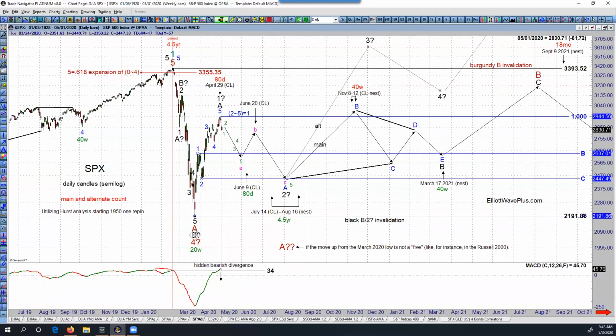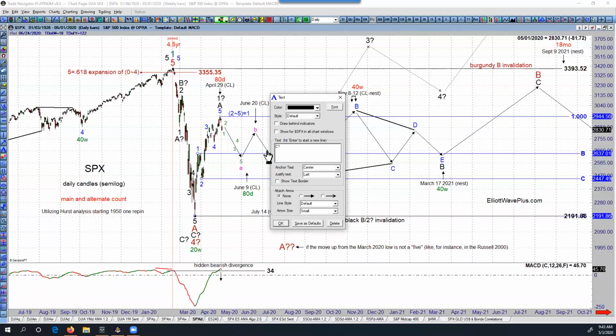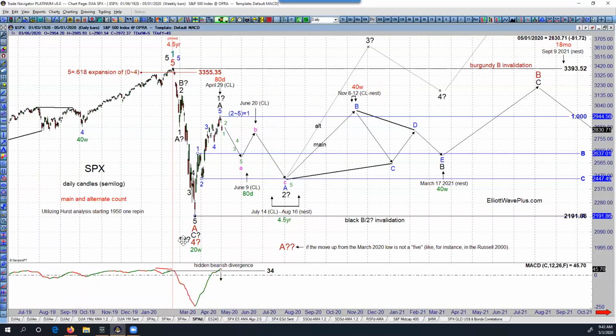So I'm also going to put basically another potential count on here, because I already showed you the possibility that this up move is not a 5, it's a 3.